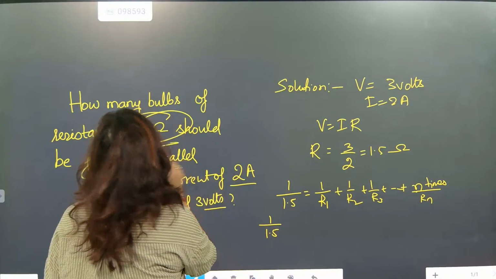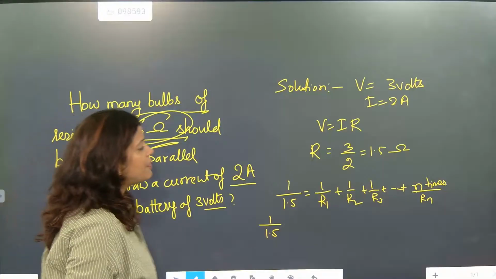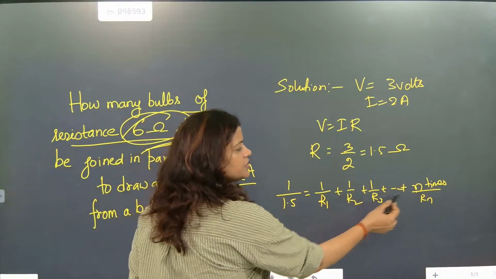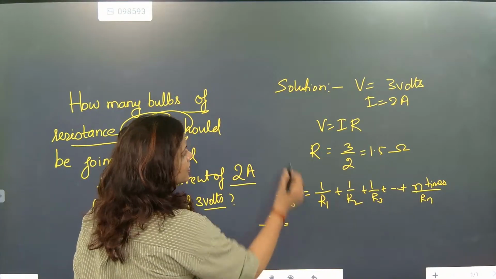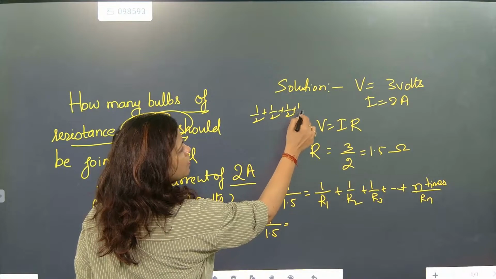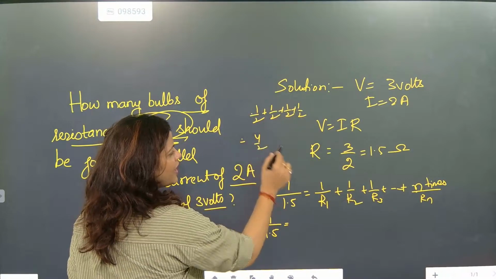So 1 by 6, 1 by 6, 1 by 6, n times. If something is 1 by 2, 1 by 2, 1 by 2, 1 by 2 added, it will become 4 by 2.